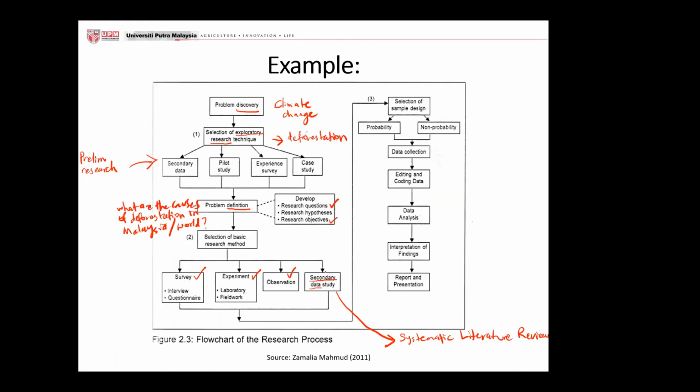Basically it's using secondary data. But you have already developed all the same things here. You know what the problems are, and you have a specific objective that you want to solve. But the data comes from literature.